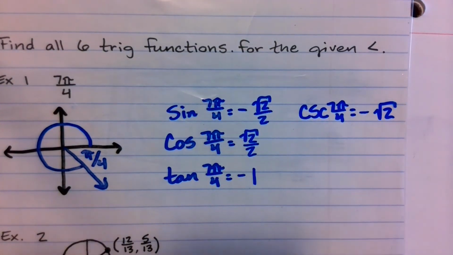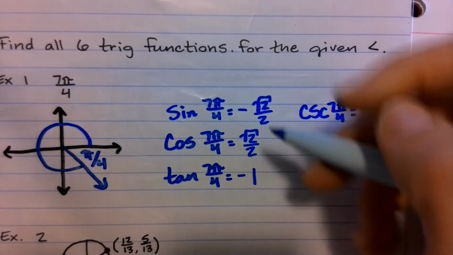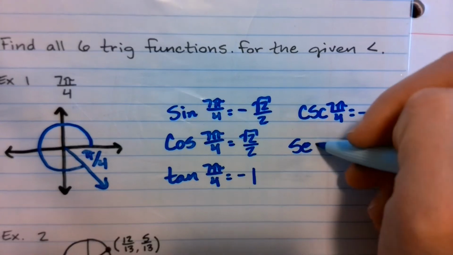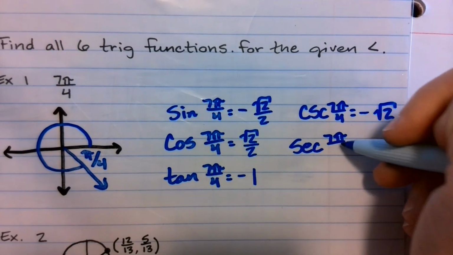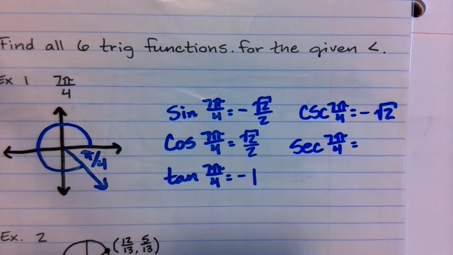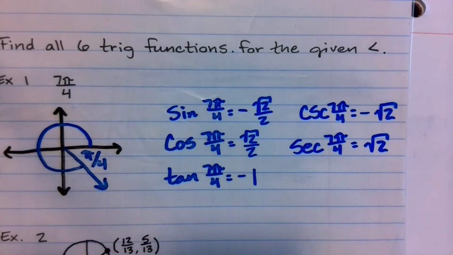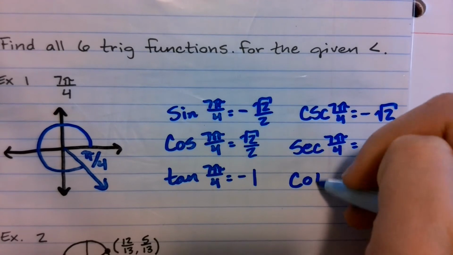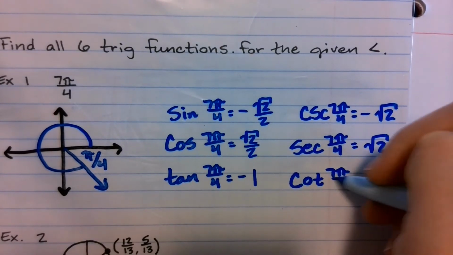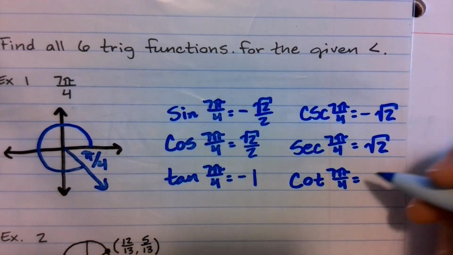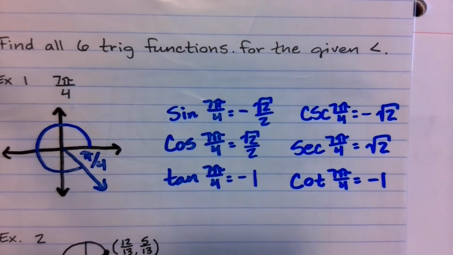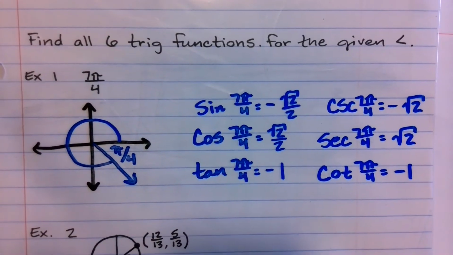If you have to go through and redo that process every time, not a big deal. Kind of saves us a little bit of time here, though, if we know what it is. So same thing for secant, taking the reciprocal, we're going to get a positive radical 2. And then for cotangent, our reciprocal of negative 1 is negative 1. So there we are.